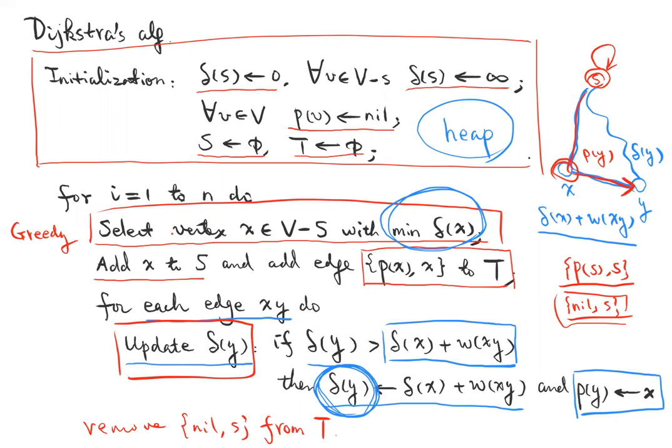Let me give you just the key part. In terms of implementation, we can use a priority queue, a heap.